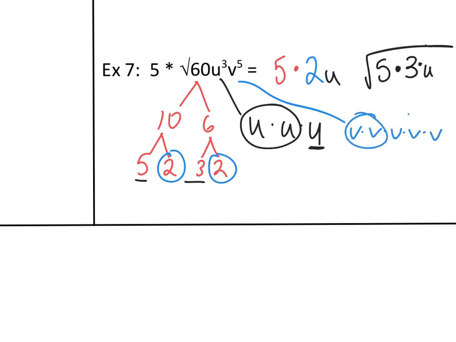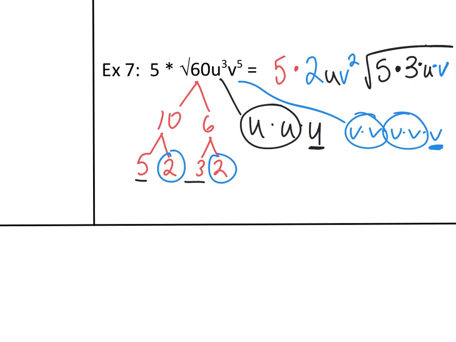Yep, 2 groups. 5 divided by 2 gives me 2 whole groups. With how many left over? 1, so it stays underneath. How many people got that far? Good. Hopefully if we didn't, we know what we did wrong.